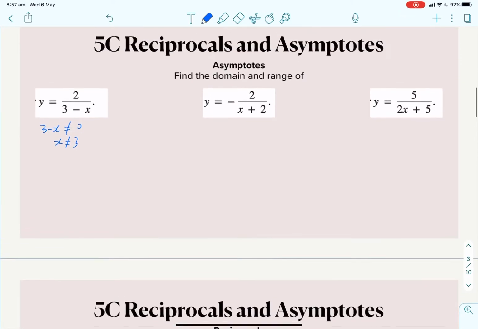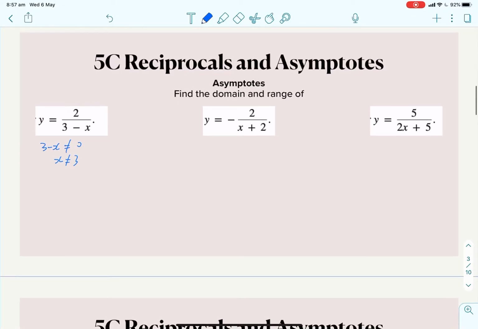Now, for this one, 3 minus x is not 0, so x is not 3. When x is extremely big, the notation is y equals the limit as x goes to infinity, so x going extremely big, of 2 over 3 minus x.